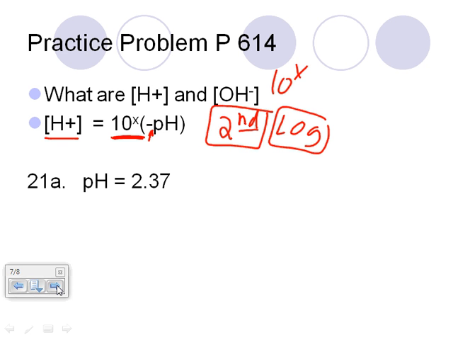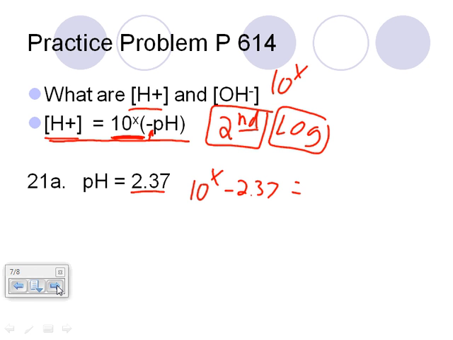So here's an example. If our pH is 2.37, what is the concentration of H plus? We know that the concentration of H plus, here's our formula, is equal to 10 to the power of, so that's what we need to do, 10 to the x of negative 2.37.